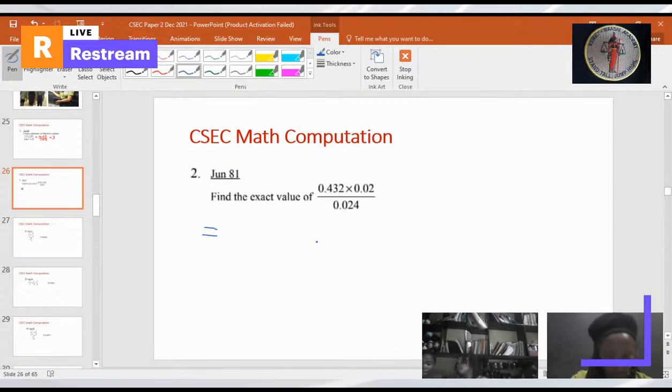You don't go to the answer. You have to tell her how you're working first. Tell me what you are working first. The numerator. So we have to work this operation in the numerator first. We multiply them. What do you get when you multiply them?